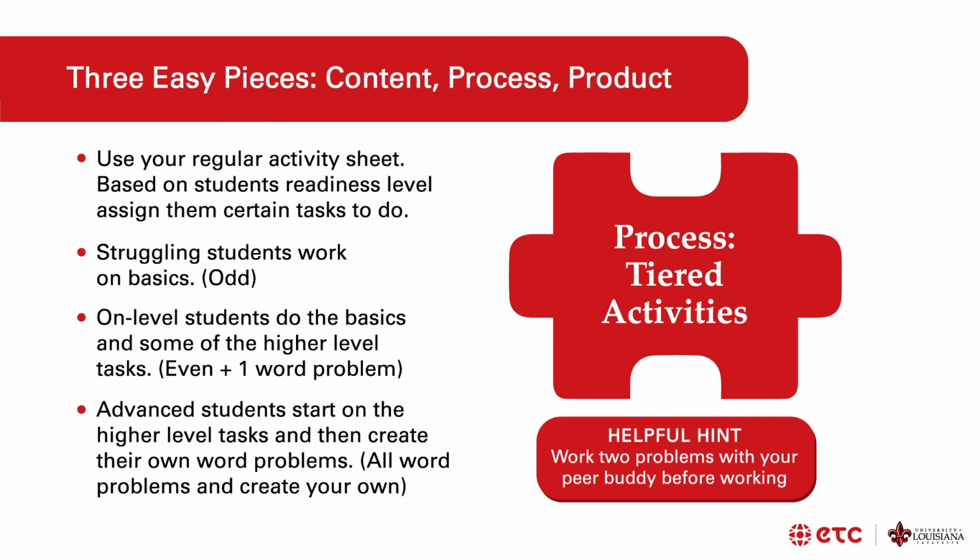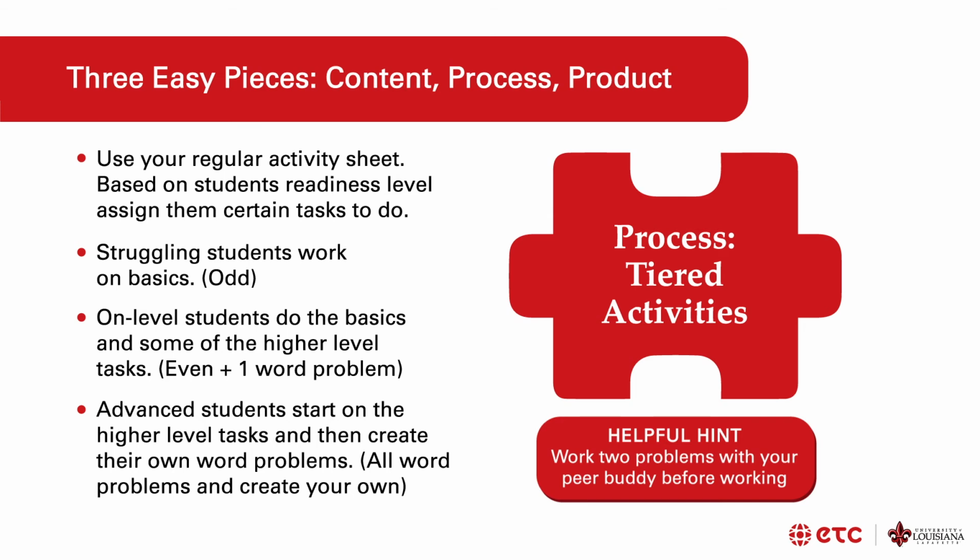You have to work with 20 students, and it's craziness. But if you have them work with a peer buddy first, then as soon as they finish 1 or 2 problems, you can check them, giving you assessment along the way. If they have it correct, then they work on their own according to their tiered activity. But if they need help, then you can pull a small group and work with them on specific problems.